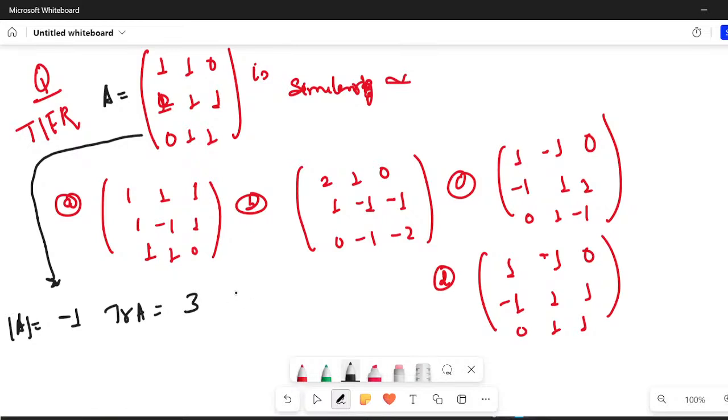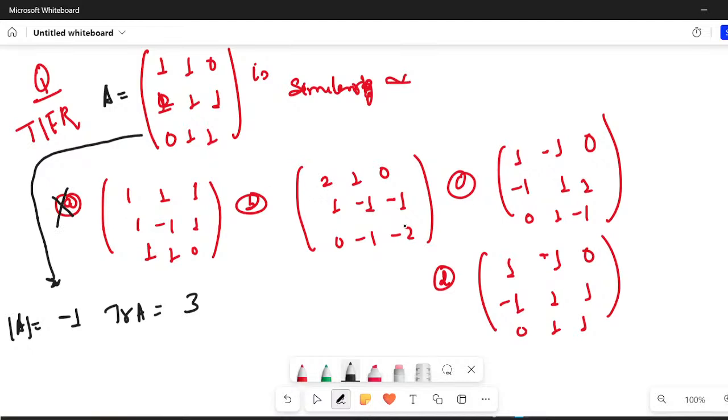I have already stated that if the matrices are similar, then the eigenvalues will be the same. If eigenvalues are the same and of the same algebraic multiplicity, then the determinant and the traces would be the same. Let us try to conclude this. This particular matrix has a trace 0. Forget about it.